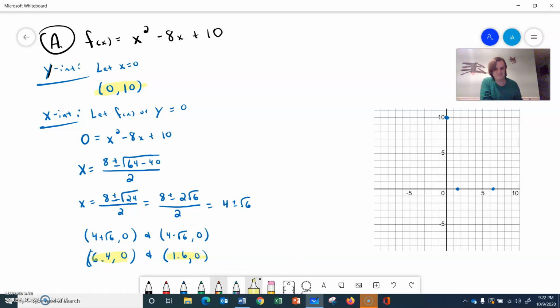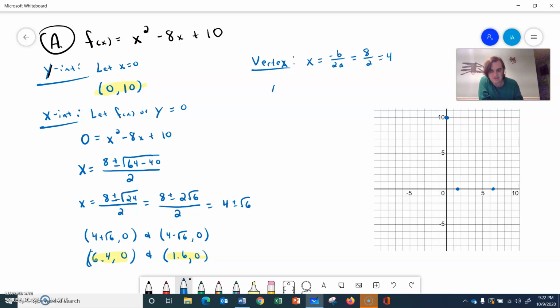The next thing I want to find is the vertex. I'll come up here where I've got some room. Vertex. And remember that comes from when x equals negative b over 2a. So our negative b over 2a will be 8 over 2 or 4. So the x value of the vertex is 4.